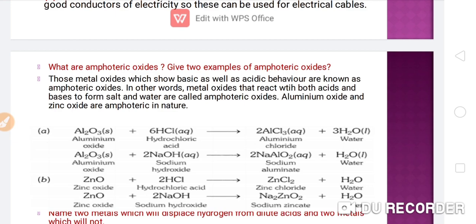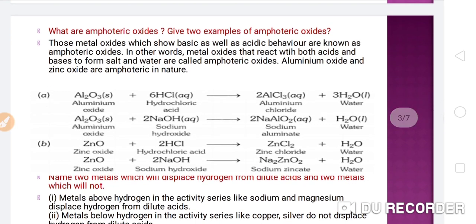For example, you can see here the reactions given for aluminium oxide when reacting with HCl, that is hydrochloric acid. It will convert into aluminium chloride and water will form. Now the second reaction: when aluminium oxide reacts with sodium hydroxide, sodium aluminate will form and water will evolve.